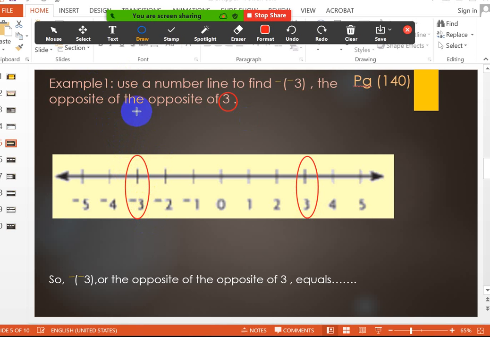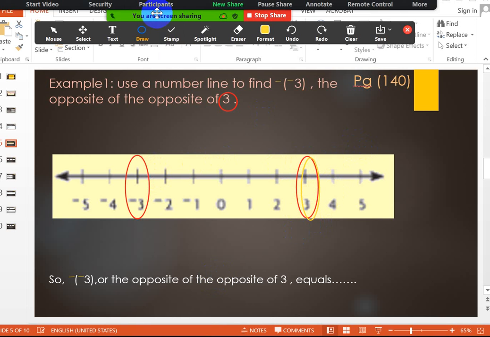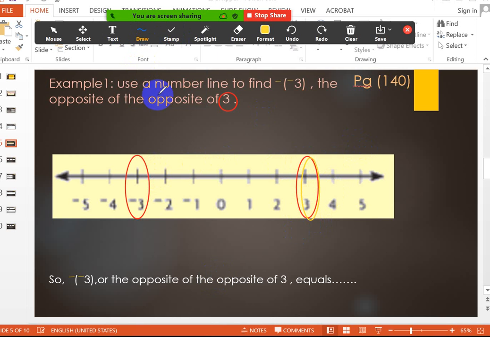But I want to do the opposite of the opposite, that means I will do it twice. The opposite of 3 is -3, and the opposite of -3 is also 3. So this is the answer for this exercise: the opposite of the opposite of 3 equals 3.